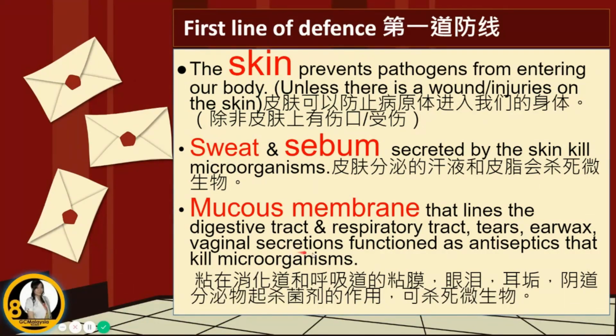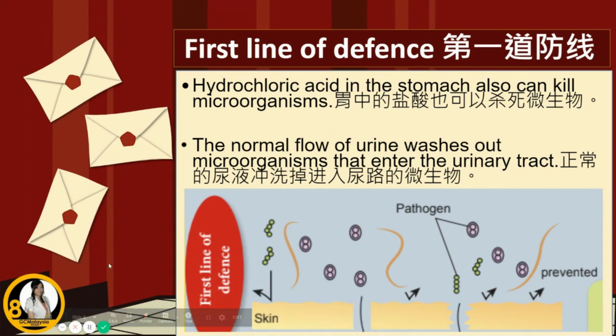Tears, ear wax, and vaginal secretions function as antiseptics that kill microorganisms. Hydrochloric acid in the stomach also can kill microorganisms.